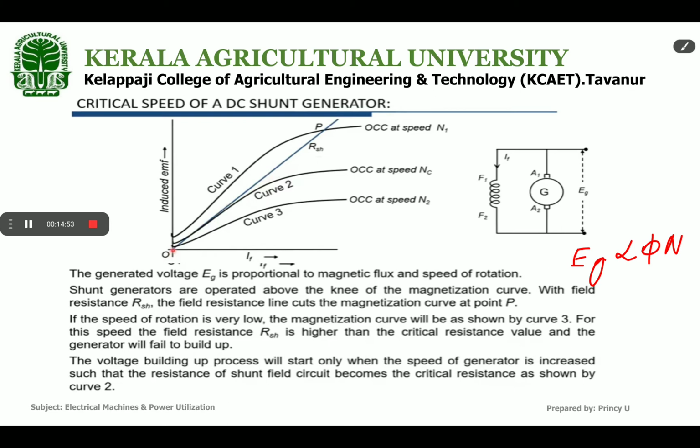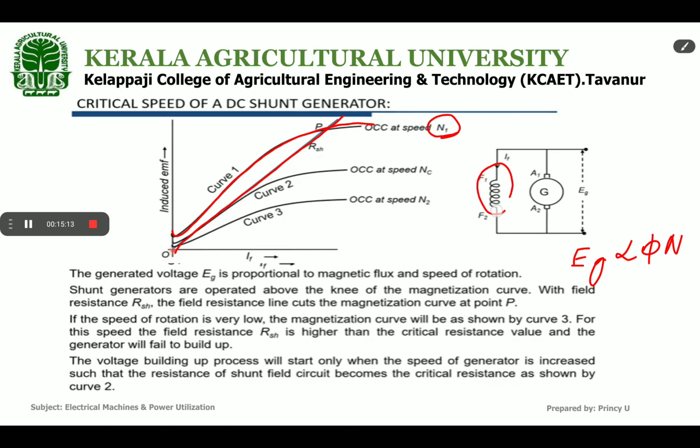At a particular speed we drew an OCC curve 1. Okay, this is our OCC characteristic for a particular speed N1.